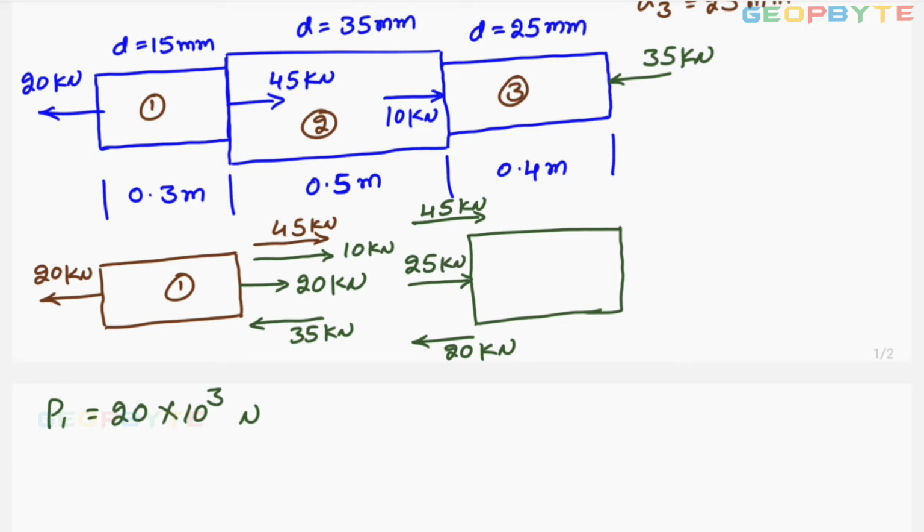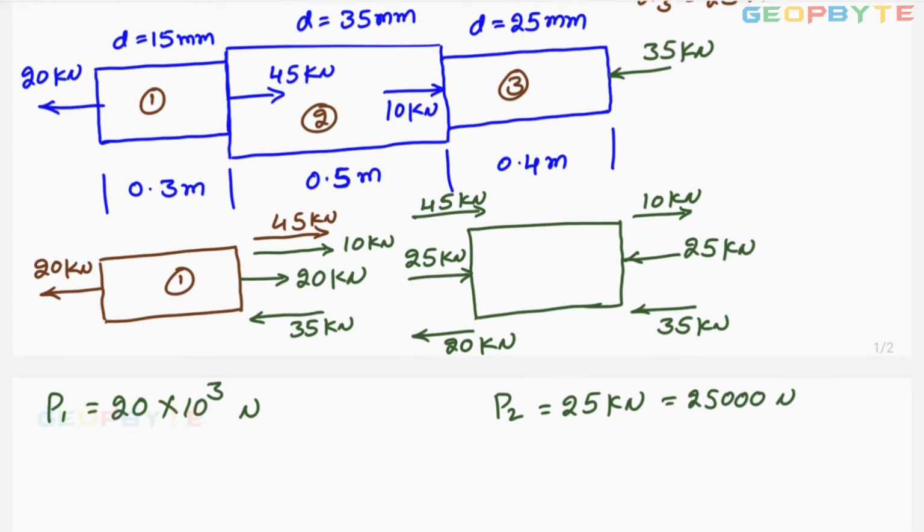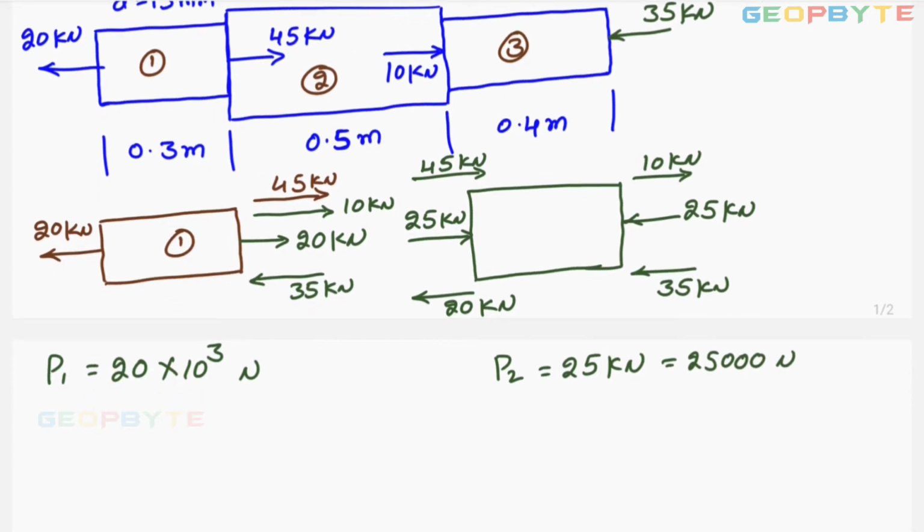Definitely the other side is the same, because 35 kilonewtons is acting in this direction, 10 kilonewtons is acting opposite to that one. The resultant value is compressive load only, that is 25 kilonewtons. So P2 equal to 25 kilonewtons, that is equal to 25,000 newtons.